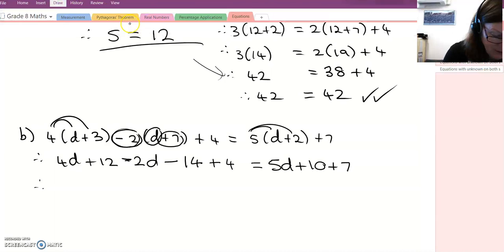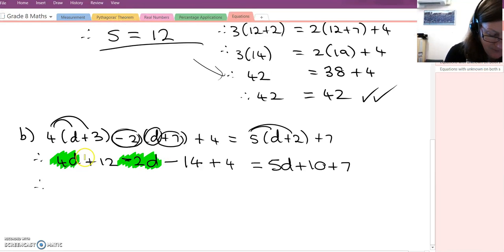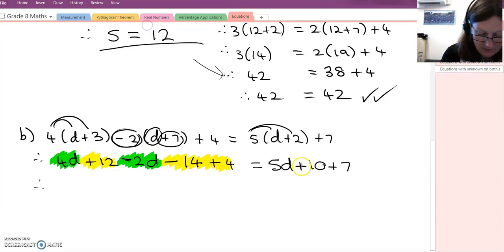I'm going to combine the terms with the D on the left hand side. They're the terms without a D. And on the right hand side, here's some terms without D.